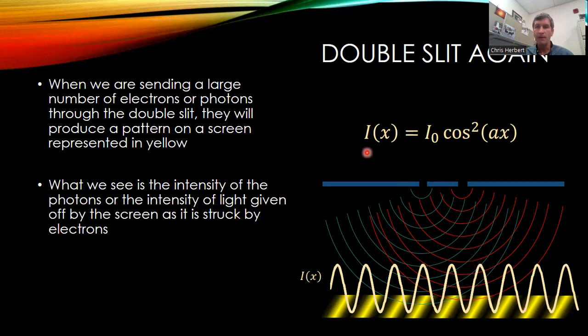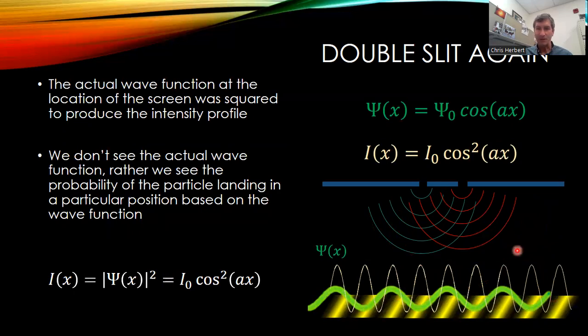The wave function at the location of the screen. Now we're going to just take a look at a very simplified version of what's going on, and then look at the wave function at the screen. It is going to basically have peaks and valleys.